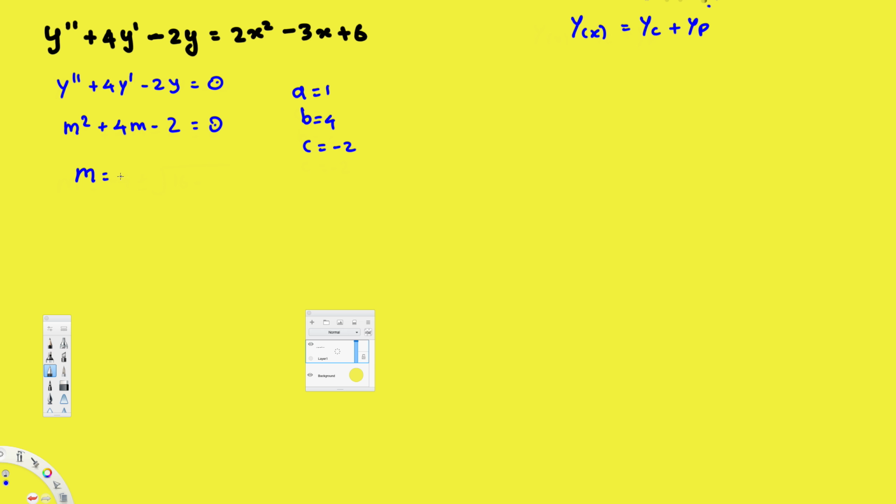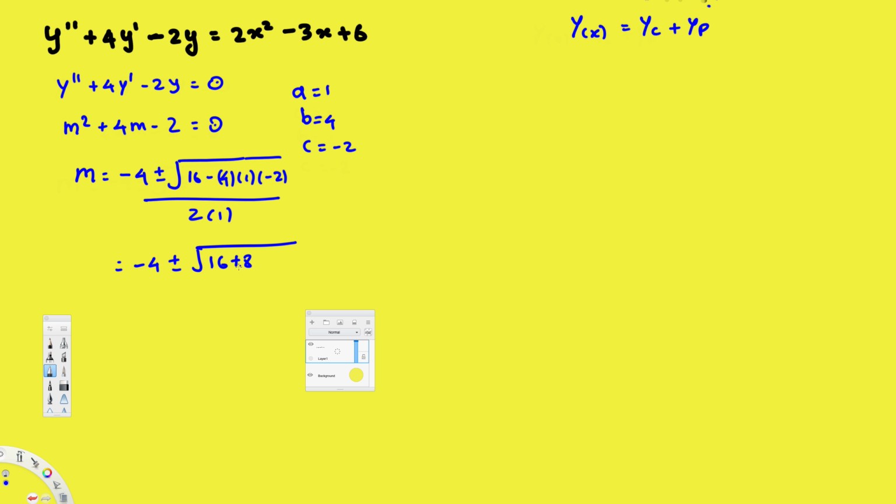Therefore minus b is minus 4, plus or minus the square root of b square, which is 16, minus 4 times a, which is 1, times c, which is negative 2, divided by 2 times 1. Simplifying, this is minus 4 plus or minus square root of 16, 4 times negative 2 is negative 8, minus negative 8 is plus 8.